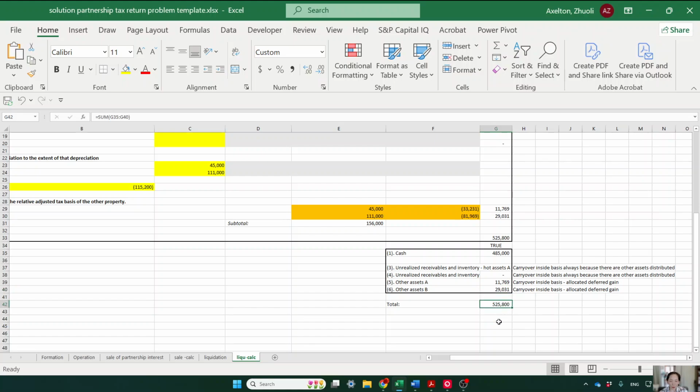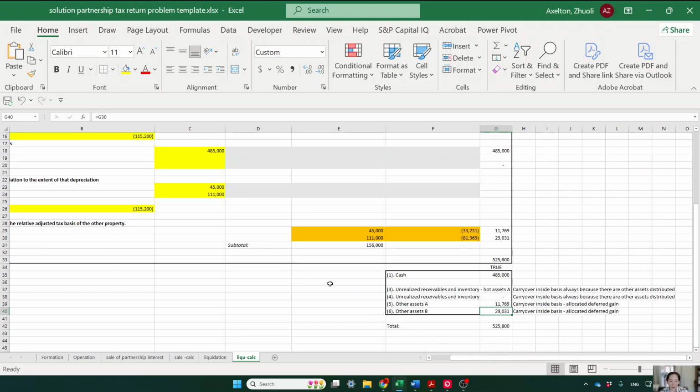So in total, there's no gain or loss recognized at the time of the partner's liquidation of his partnership interest, and the assets we receive in this liquidation distribution will be reduced accordingly, leaving us with 11,769 and 29,031.